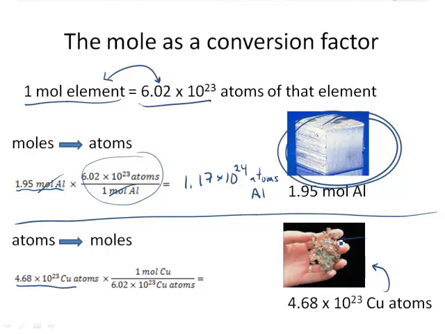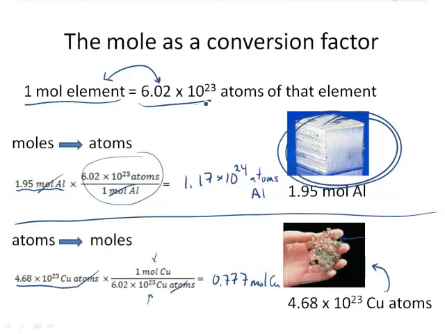And what we do is we use Avogadro's number as a conversion factor, but this time we set it up with moles on the top and atoms on the bottom, because we want to get rid of the units of atoms, and we want to come out with units of moles. So we end up with moles of copper, and when you divide that out, you come up with 0.777 moles of copper atoms.